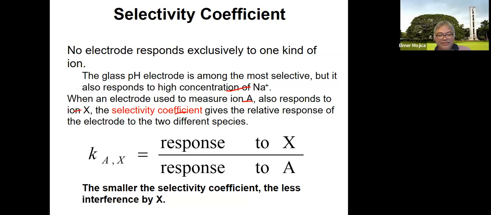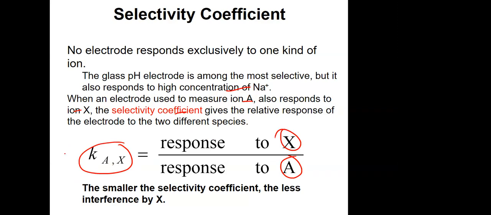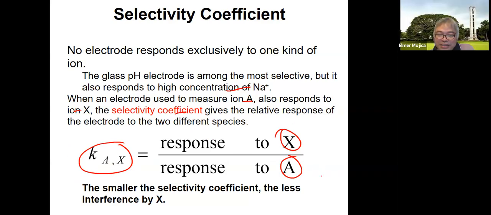Okay. So the value that you have in terms of the selectivity coefficient is what? If this is your target one and this interferes, so your K value should be what? Higher or lower? Low po. Okay, so you want this to be higher and this one to be lower.